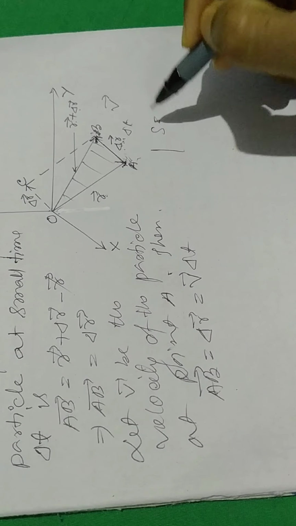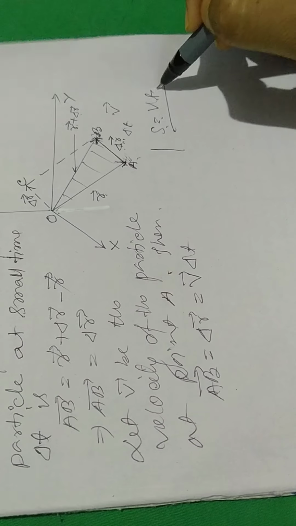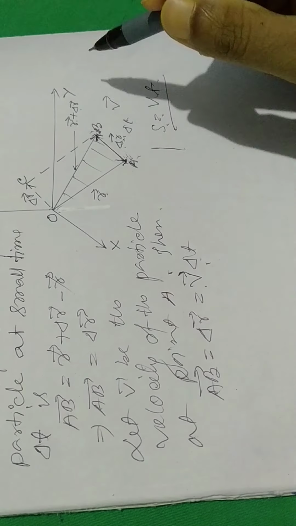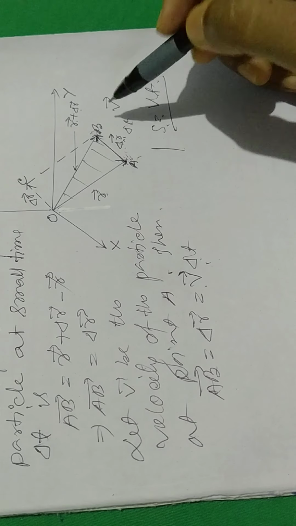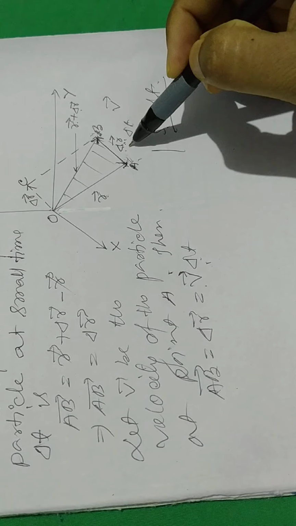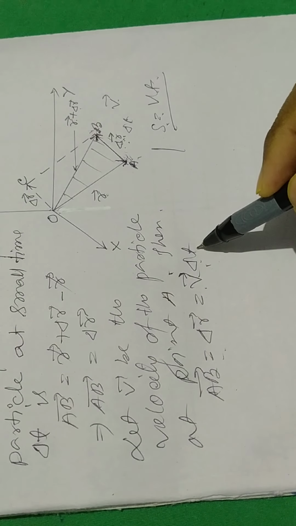Since you know distance equal to velocity into time, when the particle reaches from A to B through a small displacement del R with velocity V, then displacement AB equal to V into del t.